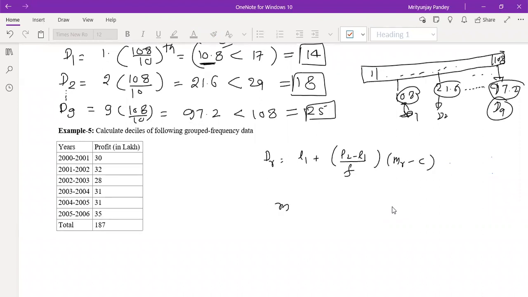Mr minus C, when Mr equal to r into n by 10 or Mr equal to r into n plus 1 by 10.